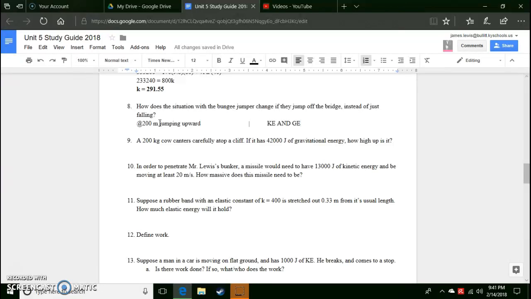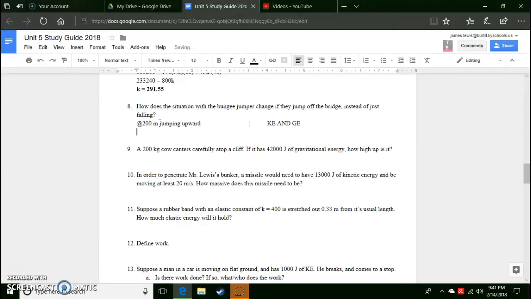Right, so now above 200. So somewhere above 200, we're going to be slowing down, but still going up, right? So that means that we're going to have decreasing KE and increasing GE.